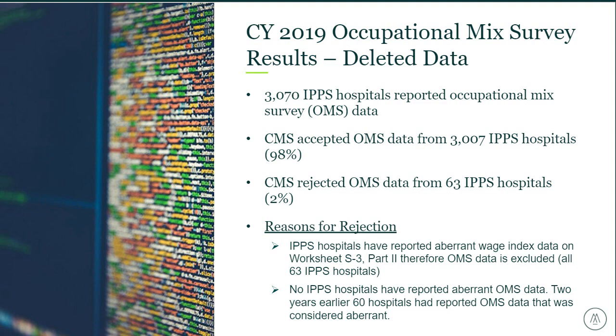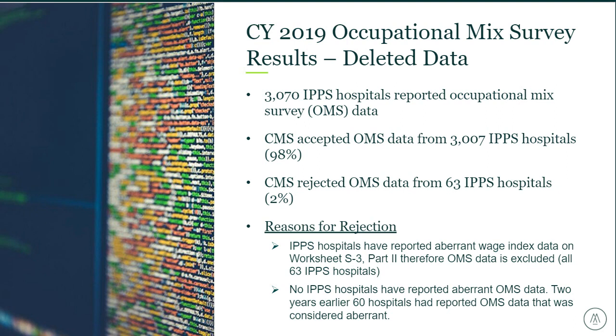The 2019 OMS is used for the Medicare IPPS payment rate setting process for federal fiscal years 2022, 2023, and 2024. It's also important to realize that the 2019 OMS data was comprised of pre-pandemic data.